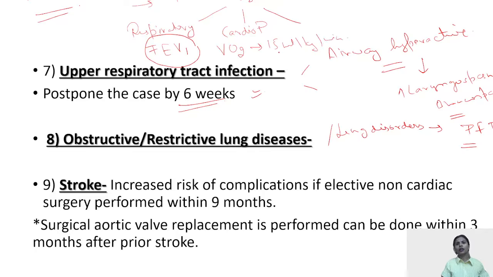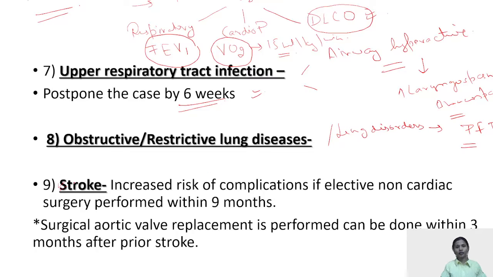No need to remember the limit for it. Just remember we have to check the oxygen consumption. And last, we check the diffusion capacity of the lung by using carbon monoxide. So these three tests have to be done in patients who have been posted for lung resections: FEV1, oxygen consumption, and diffusion capacity via carbon monoxide.